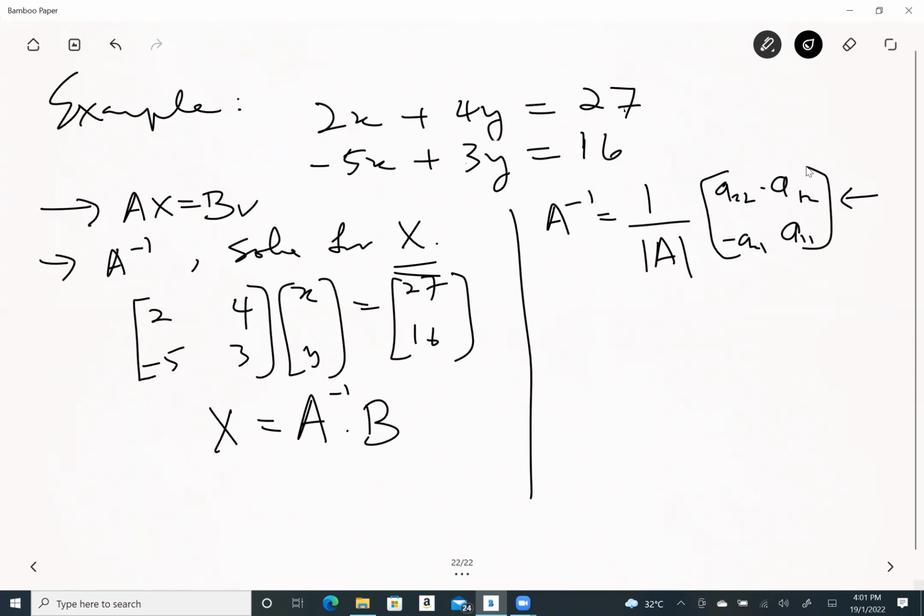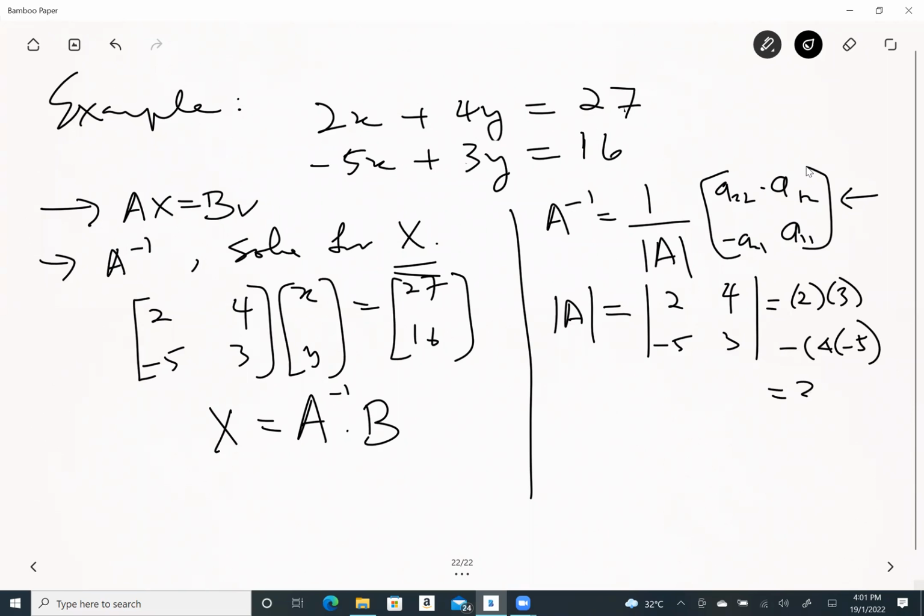That will be equal to, so now what I do, I find the determinant of A. You already know A is that one. So the determinant will be equal to 2, 4, negative 5, 3, and that is equal to 2 times 3 minus 4 times negative 5. So that will be 6 plus 20, so that is 26. So the determinant of A is 26.